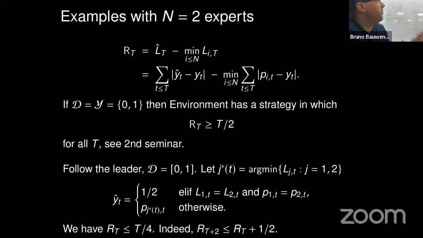So if we make a mistake while following the leader, then our regret doesn't increase in this round, because our loss increases and the best predictor's loss also increases. We are good. And so the only way that our loss can increase without that is if there is a tie between the two predictors. But then our loss increases only by 1/2.